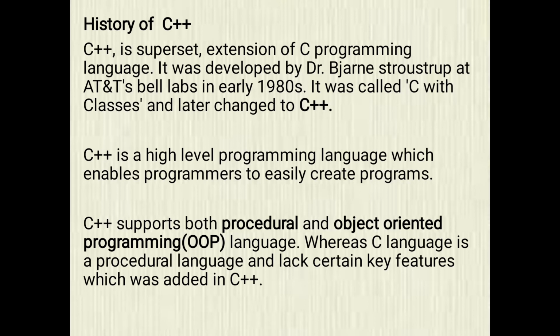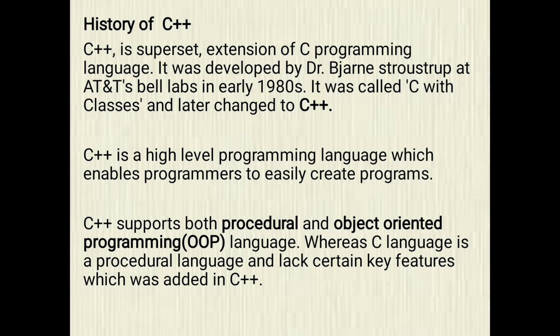C++ is a high level programming language which enables programmers to easily create programs. Earlier we also discussed high level programming language, machine language, assembly language, and so on. Just in short, in machine language the programmers wrote machine instructions in binary, zeros and ones, so that was very difficult.